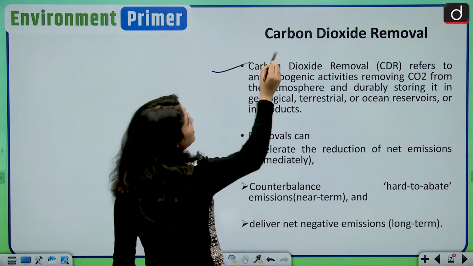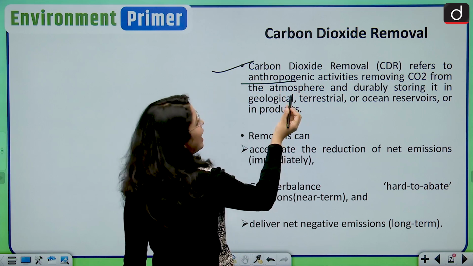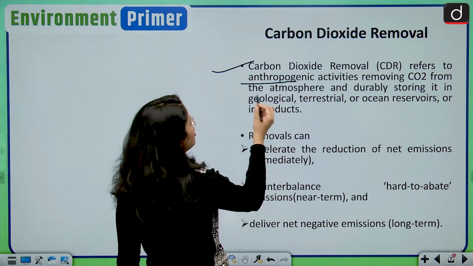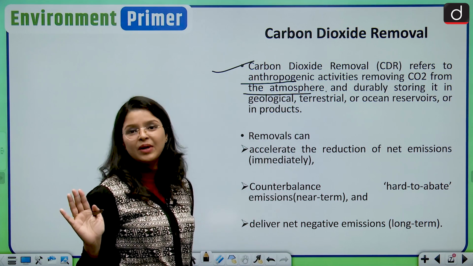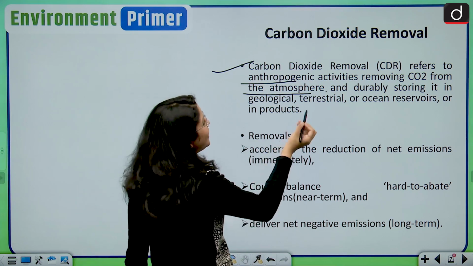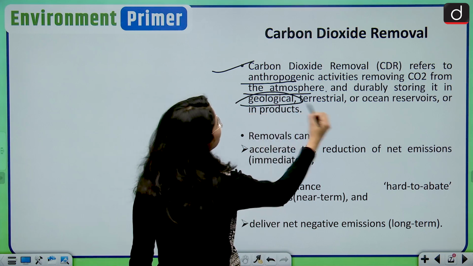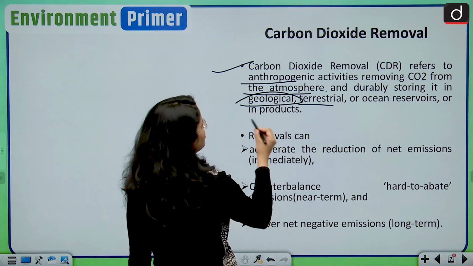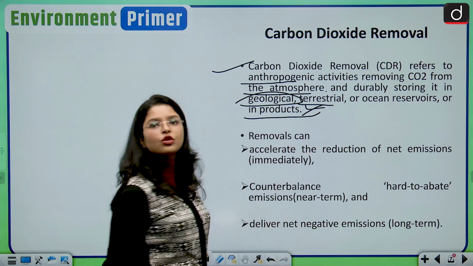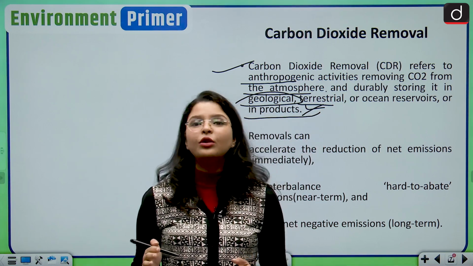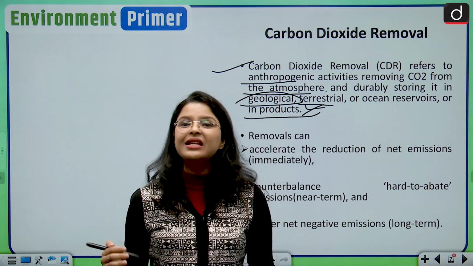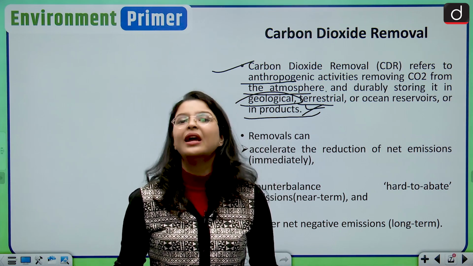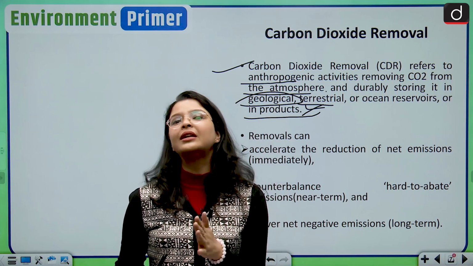So carbon dioxide removal refers to anthropogenic activities removing carbon dioxide from the atmosphere and durably storing it in geological, terrestrial or ocean reservoirs or in products. So in carbon dioxide removal, you try to remove the carbon dioxide that is originally present in the atmosphere, that has actually been emitted into the atmosphere. This can be done by pinpointed technologies.